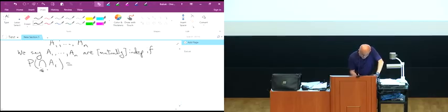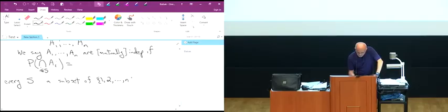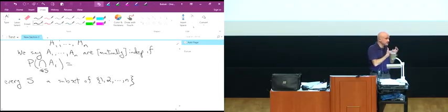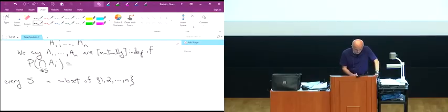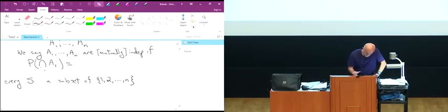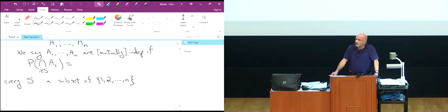It's the intersection over some set of I. So here, for every S, a subset of 1, 2, to n. In other words, I take any grouping of these events, I look at the intersection, I compute the probability, and that probability must be what? What do you think? Inspired by the n equals 2 case.